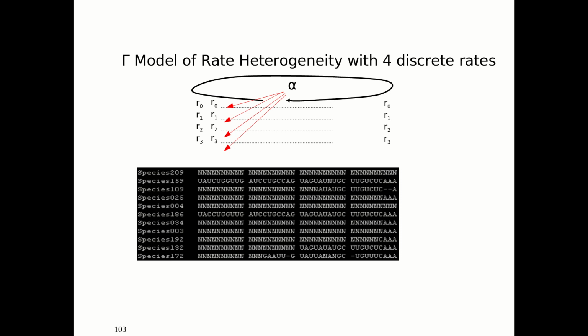Here's another way of looking at it. The gamma model of rate heterogeneity with 4 discrete rates. The key misunderstanding about this is that people may think that each site is only assigned one of those 4 discrete rates, right? But this is not what we're doing. We don't have any function or any good way to really assign those rates to individual sites.